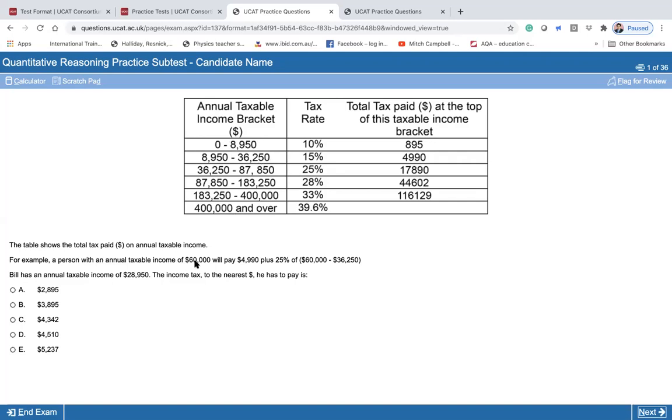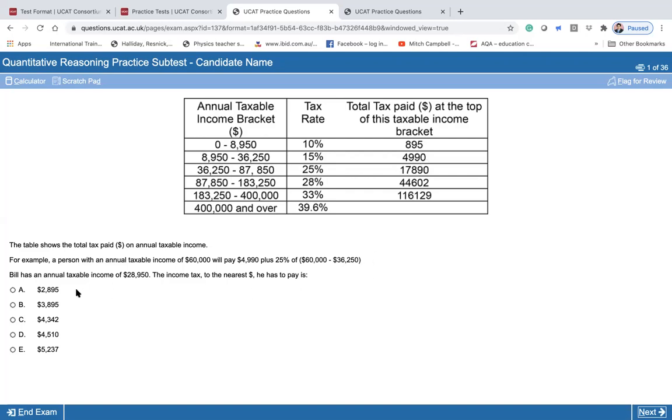Now, for example, if you have a taxable income of 60,000, you see 60,000 falls in this bracket, and so what you will have to do is subtract 36,250 from 60,000, and calculate 25% of that amount, add it to 4,990, and that will be your income tax.